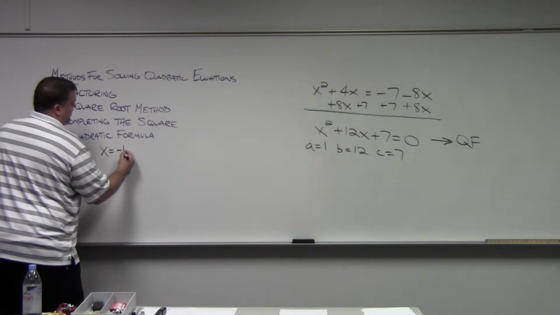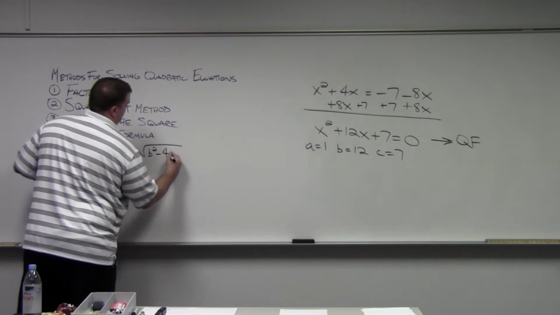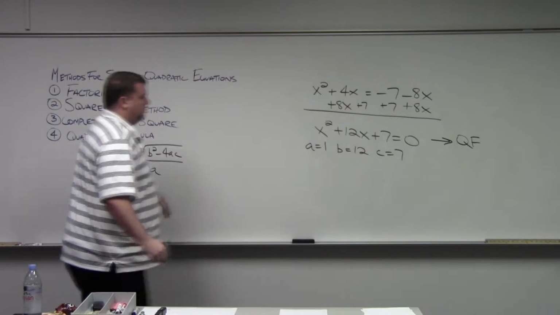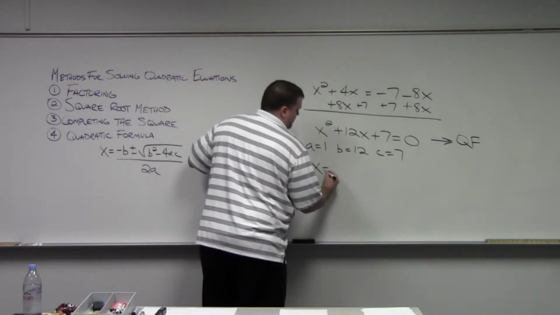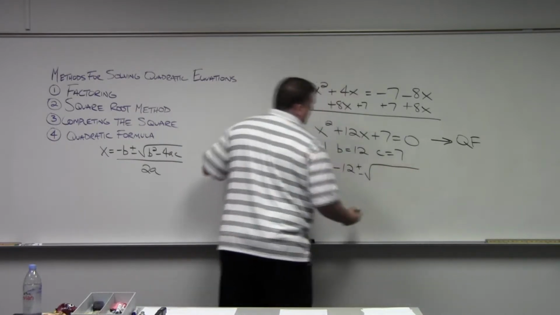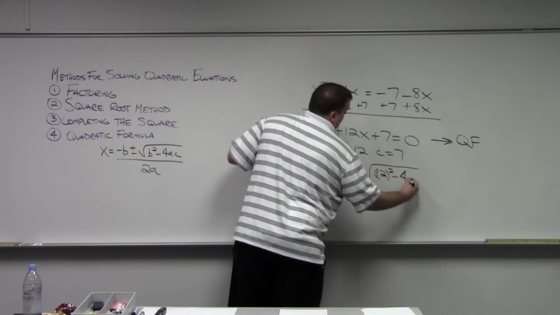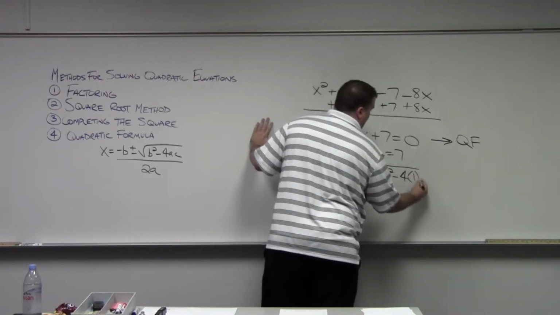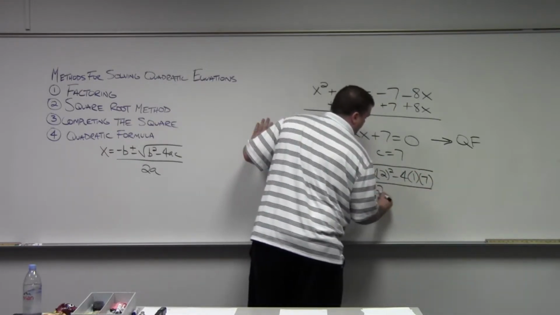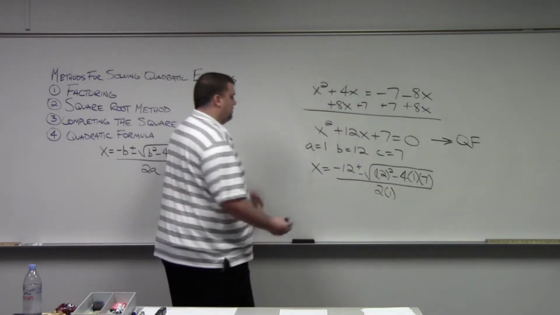X equals... So X is going to be equal to negative 12, the opposite of B, plus or minus the square root of B squared, 12 squared, minus 4 times A times C, all over 2A. So let's start simplifying.